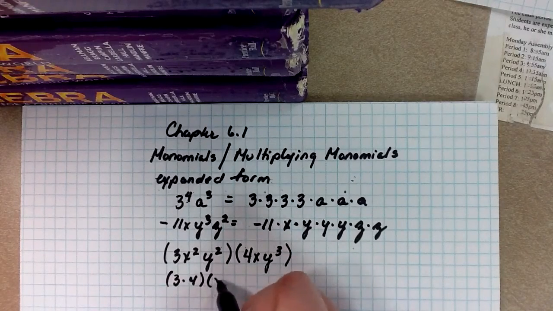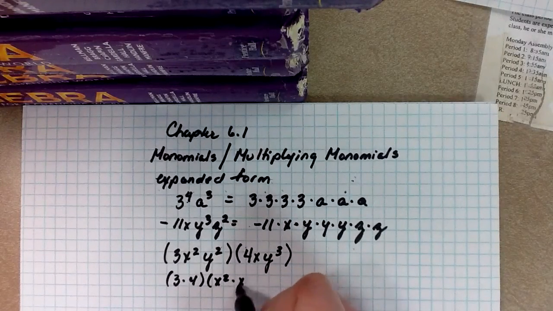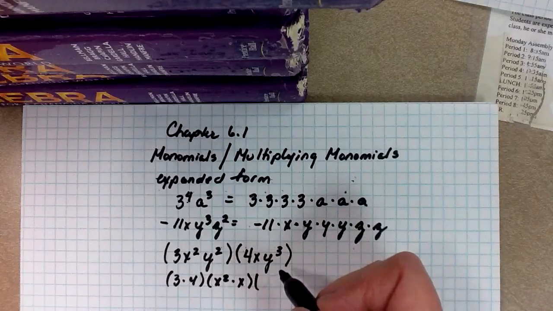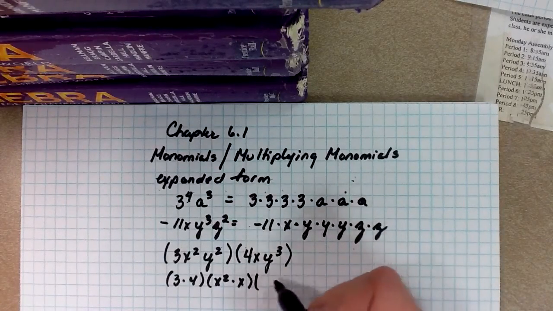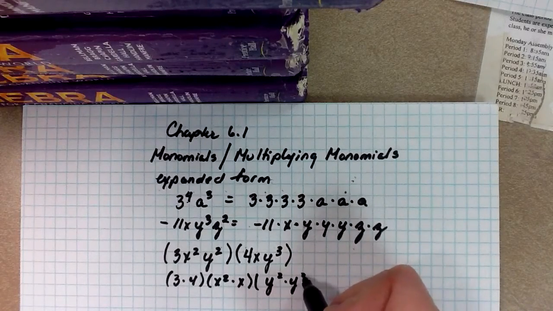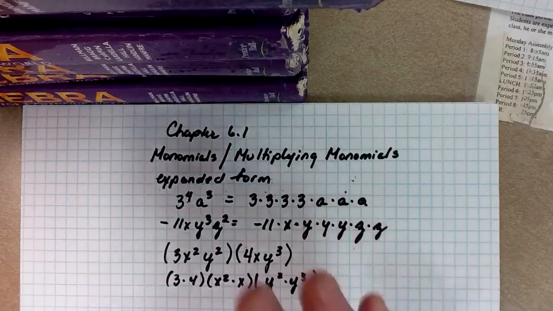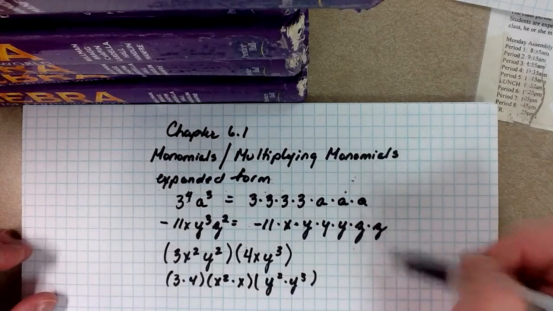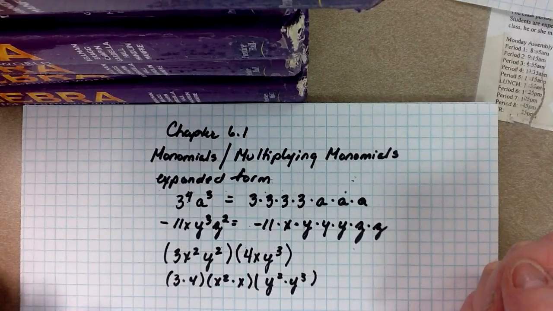So you've got an x squared times x. And then finally, you've got y squared times y cubed. And this now has kind of broken out what we're dealing with, and you're looking back at the way things were written in expanded form.